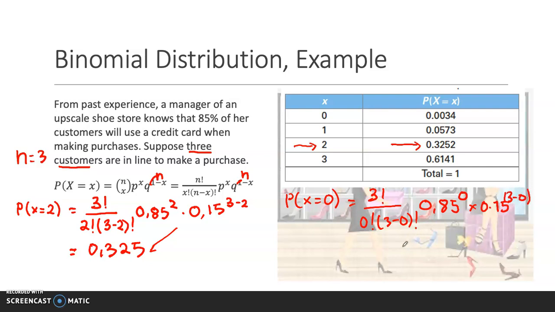And using your calculator, you will get a result of 0.003375, which is equivalent to 0.0034, just like what we got before.